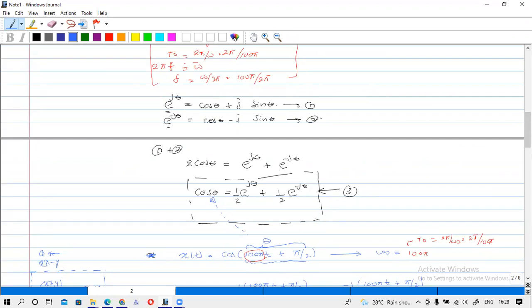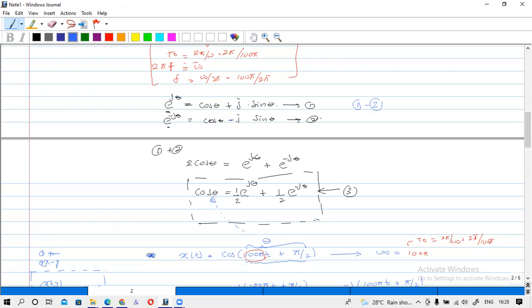If you subtract the second from the first, what will you get? The cos term and cos term will cancel out: cos theta minus cos theta. So here you have j sin theta minus j sin theta.